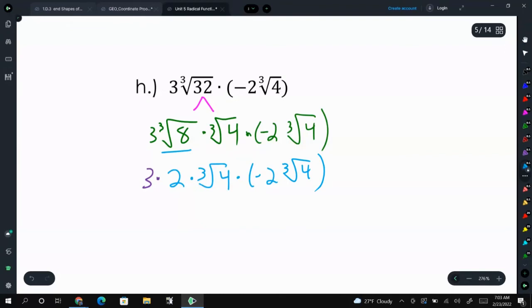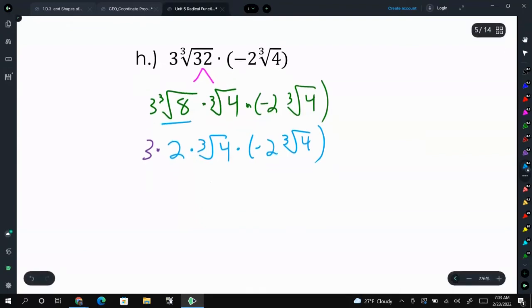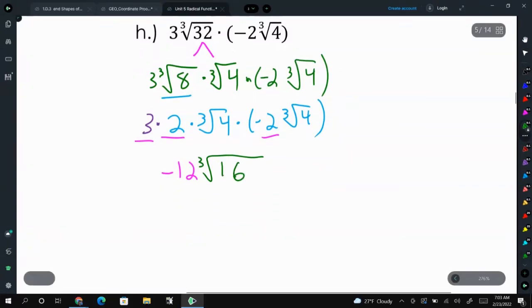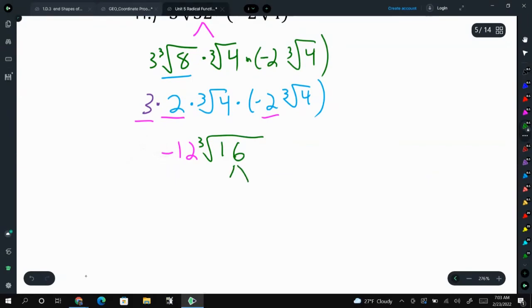So since this is multiplying, we can multiply all our numbers. And remember, we can only multiply the numbers outside the radicals together and the numbers inside the radicals together. We can't do inside and outside. So 3 times 2 times negative 2 is going to be negative 12 times the third root of 4 times 4 is 16. Well, we can break up 16 into the third root of 8 times the third root of 2.